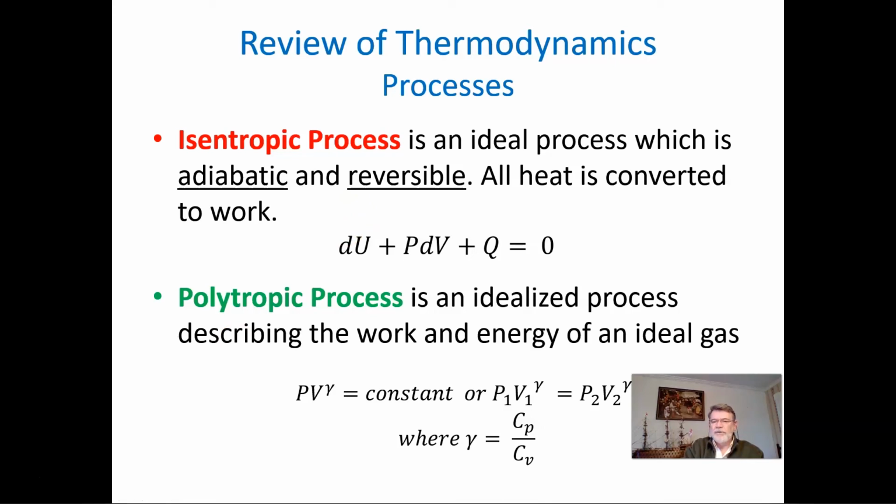And because work is the only thing able to come out, that means that the total sum of any change in internal energy and our PdV work equals 0, right here. So maybe you're wondering why, well, they are added together and how do they equal 0?